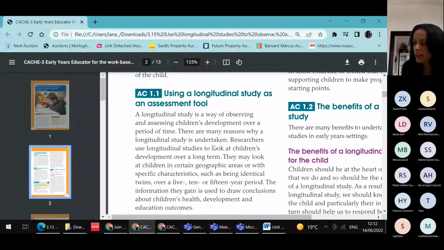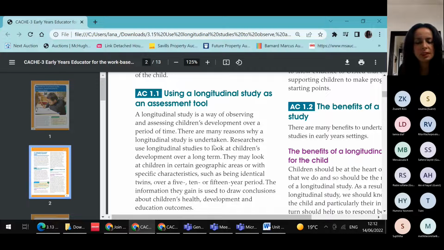I do it in a different way, like I interact more with the child. I do some activities in a different way. I just need more information. So it takes a little longer to assess the child. So longitudinal study is a way to observe and assess children's development over a long period of time. There are many reasons why longitudinal study is undertaken.